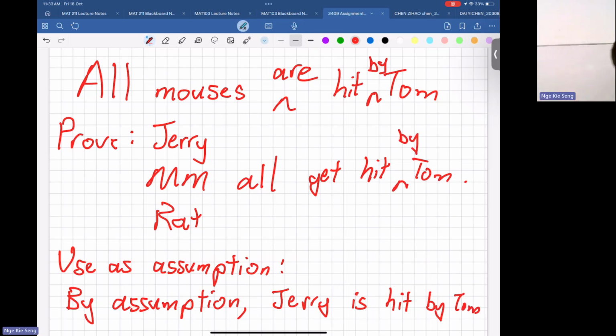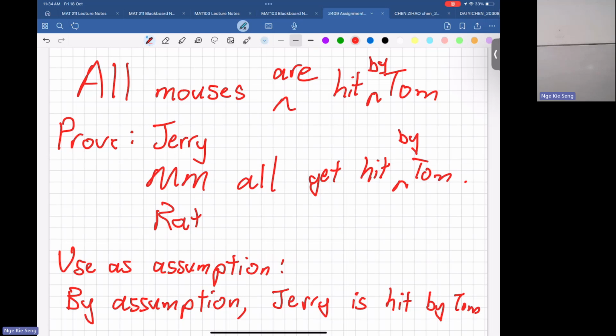Okay, so you can write that, because we know that all mouses get hit by Tom already. So whether Jerry is one of the mice or not, he gets hit by Tom. Whether Mickey Mouse is one of the mice or not, he gets hit by Tom, because all of them get hit by Tom. Does that make sense? The for all statement is very strong.